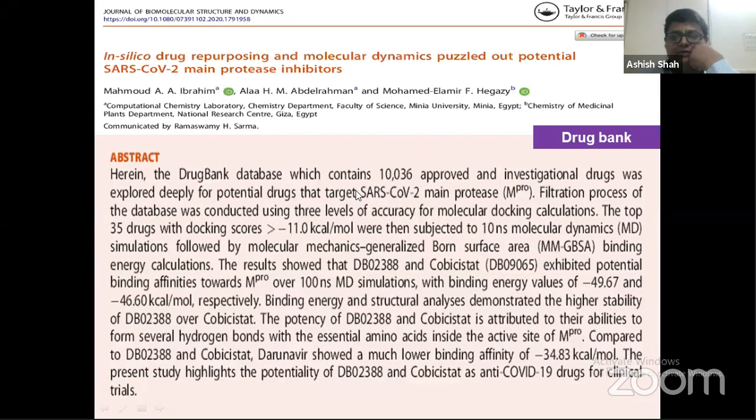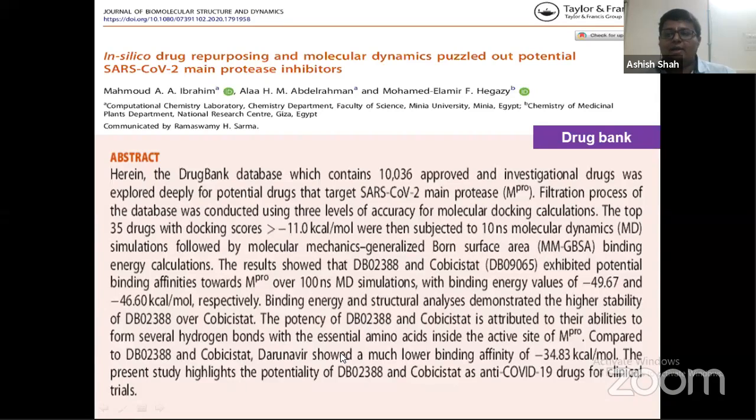So they started with around 10,000 compounds and ended up with DB02388, favipiravir, and darunavir. They ended up with only 3 compounds to be explored against the target they used. So this is a pioneering first part of your research. From this you can go ahead.